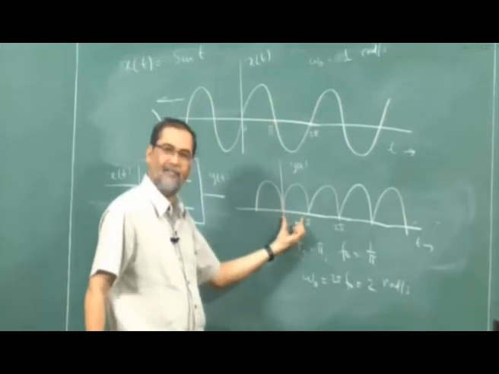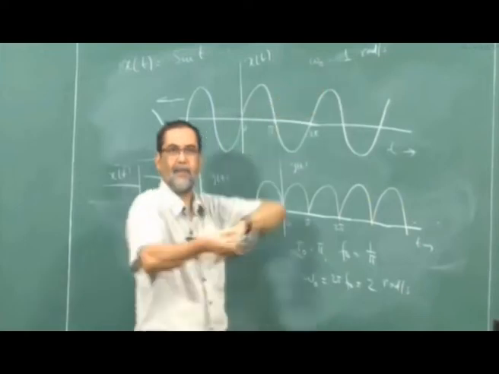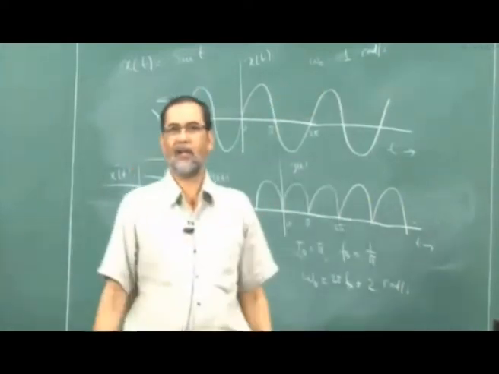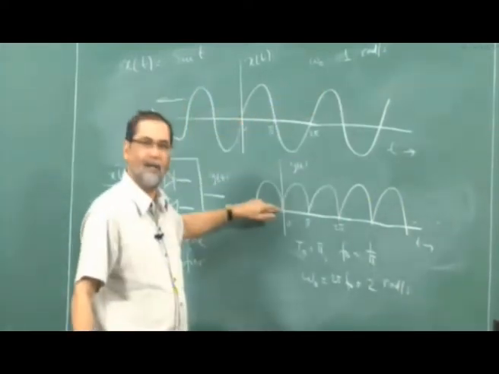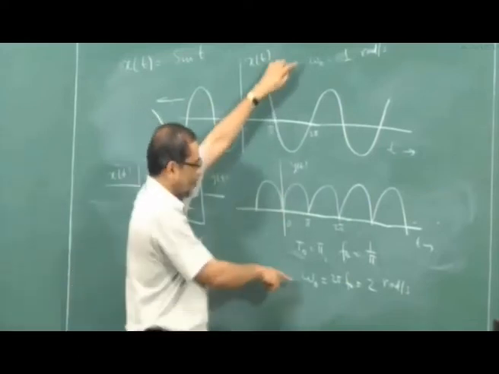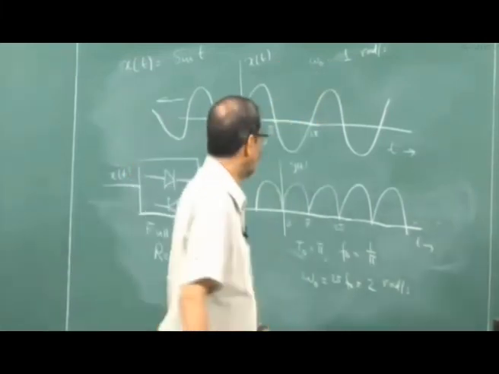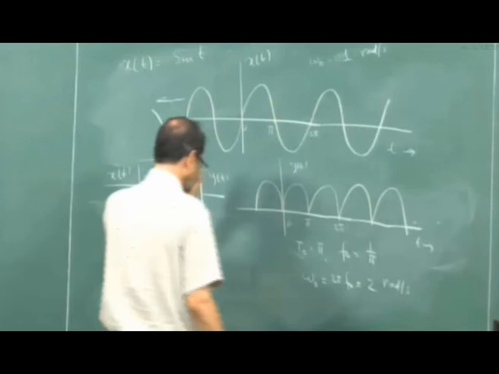Period became half, fundamental frequency became 2 times, because period and fundamental frequency have an inverse relationship. Going from here to here, period is reduced by a factor of 2, and fundamental frequency increased by a factor of 2. Okay. So this is periodic.